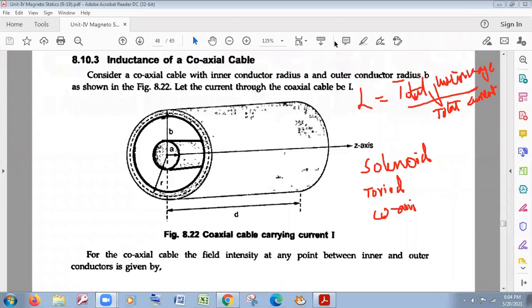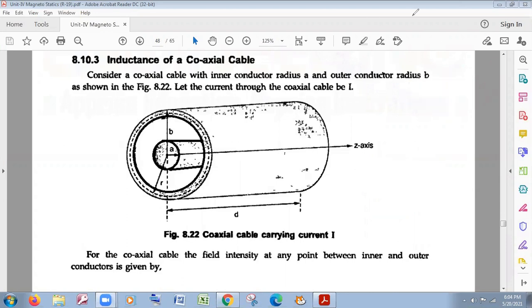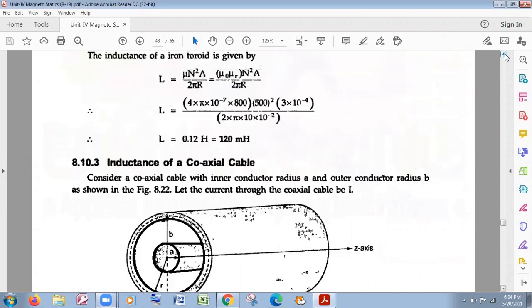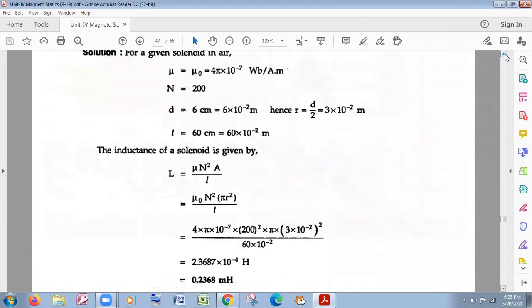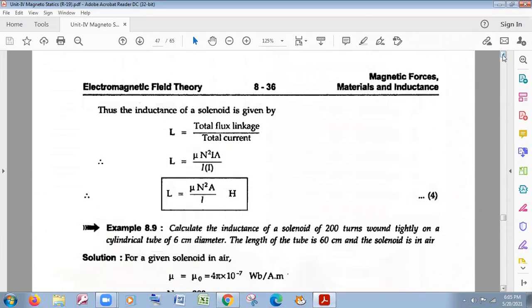First, I am saying that it is the inductance of the solenoid. See here, the inductance of the solenoid, the first one. What we got, the inductance of the solenoid is given by L is equal to the total flux linkage by the total current.